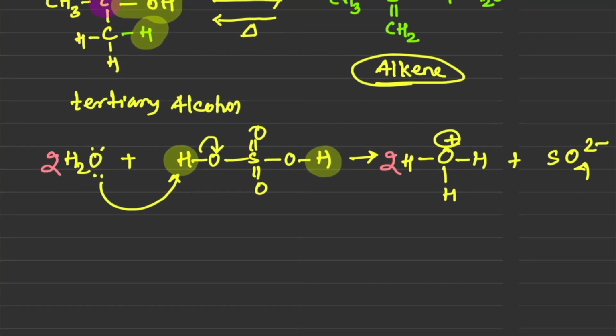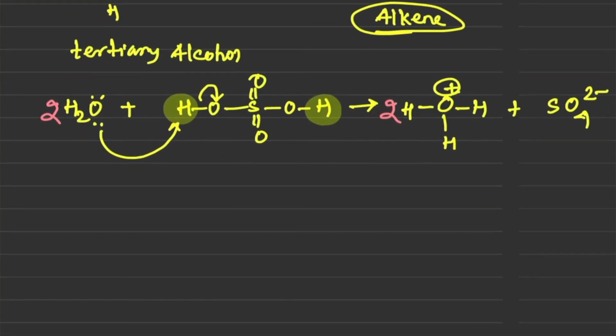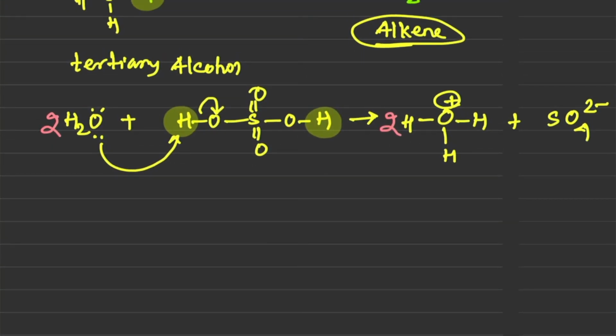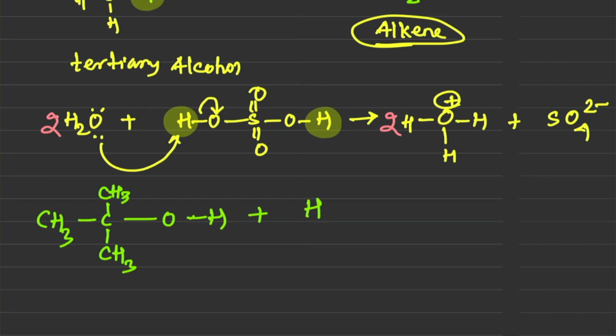So when you have acid in your reaction, basically what you are making is H3O plus. Now this H3O plus will actually help in dehydrating our alcohol. So let's look at our alcohol here. We have our tertiary alcohol, CH3, OH, and then that would react with it.